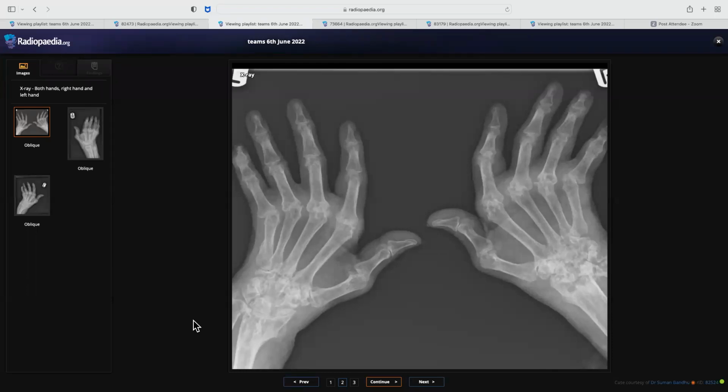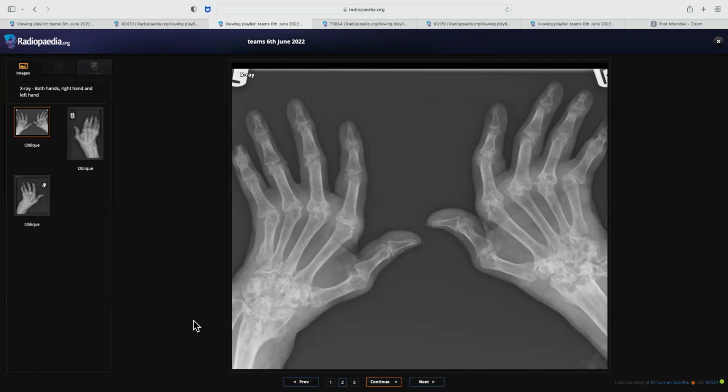I can see there are multiple abnormalities focused on the metacarpophalangeal joints bilaterally and interphalangeal joints, also mainly on the right side. There are erosions involving the articular surface, and there is bony proliferation, and the involvement is asymmetrical in comparison of both sides.